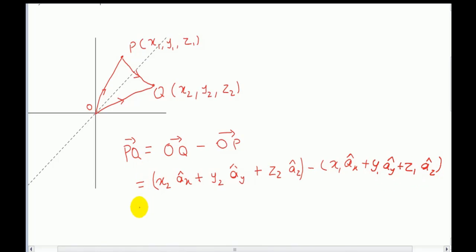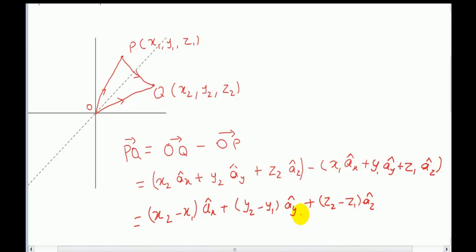So if I simplify this, it will come as x2 minus x1 ax cap plus y2 minus y1 ay cap plus z2 minus z1 az cap. This is the distance vector PQ.